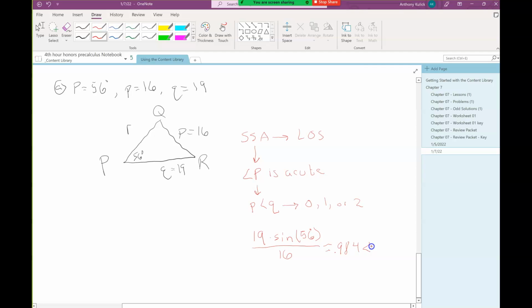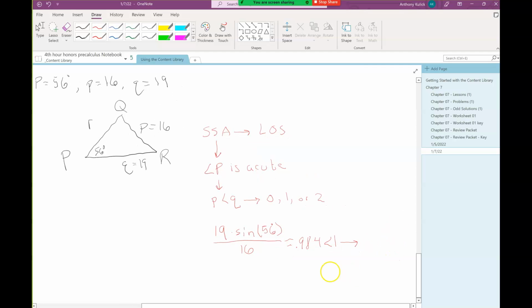And since that's less than 1, I know that I'm going to be looking for 2 triangles here. Uh-oh. So this is the most complicated situation that we're going to run into.